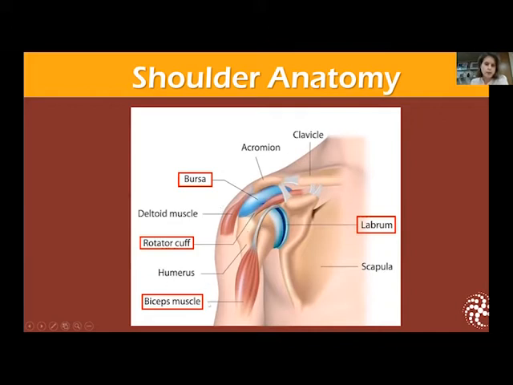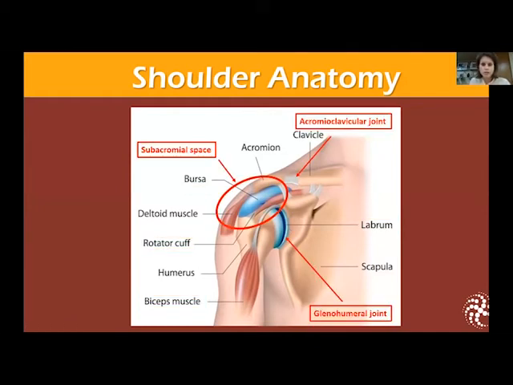Then there's the biceps, which is slightly non-anatomic here. There are actually 2 origins. There's this one here that inserts inside the shoulder, and then there's one that originates up on this bony process on the shoulder blade. And then finally the labrum, which sometimes we talk about, which is a ring of cartilage that sits on the socket part of the shoulder joint that acts like a doorstop and provides stability to the joint.